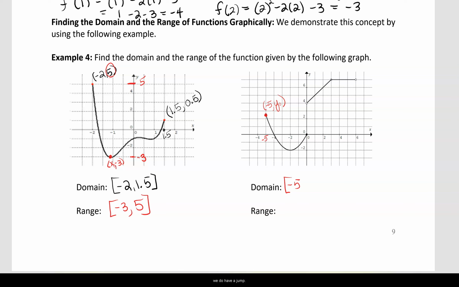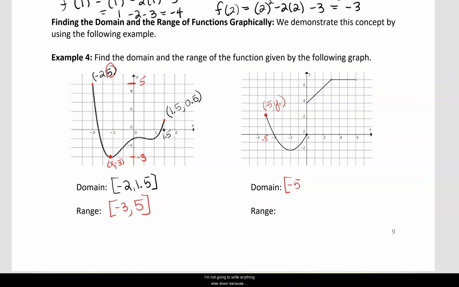Now we do have a jump, but that's okay because we jump with a filled dot up to an open dot, so x equals 0 is included. If you remember, all along the y-axis represents x equals 0. So x equals 0 here, here, here, and here. So 0 is included in our domain.